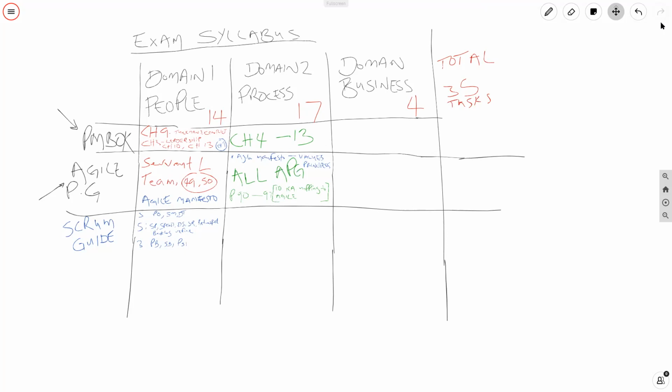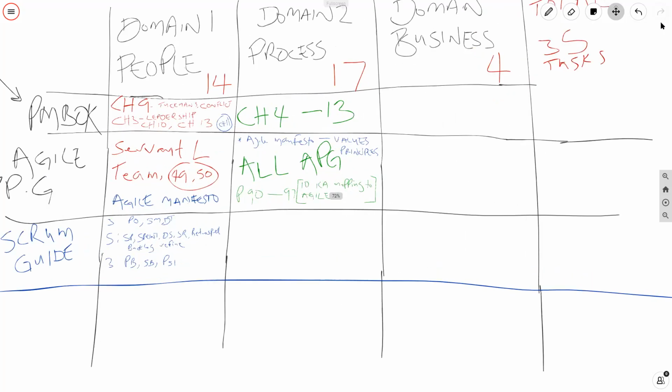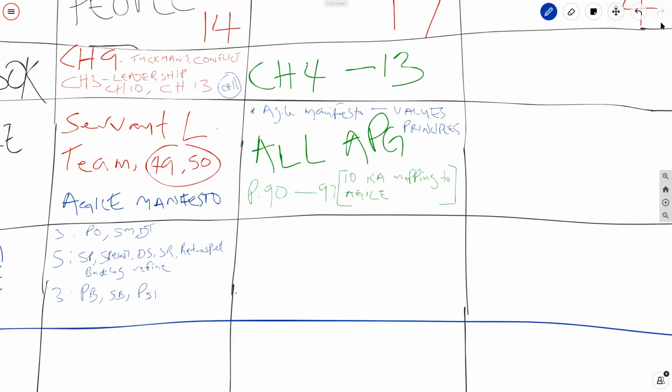All right, as far as the Scrum guide, yeah, you need to understand the intricacies of Scrum, and not just that, beyond Scrum, we have other places in the Agile practice guide. If you go to the back of the book, we have a little annex there, and you got other flavors of Agile.